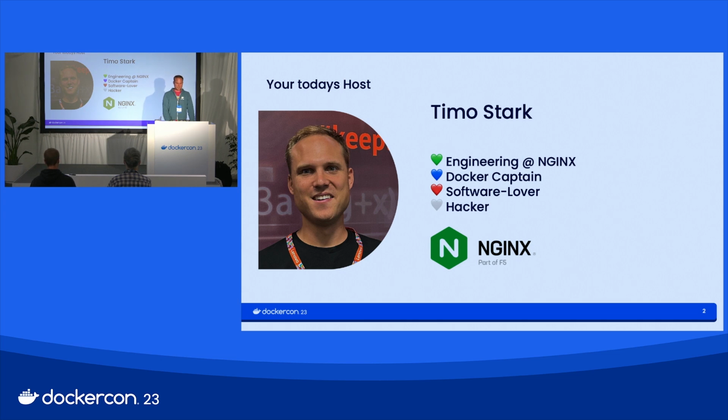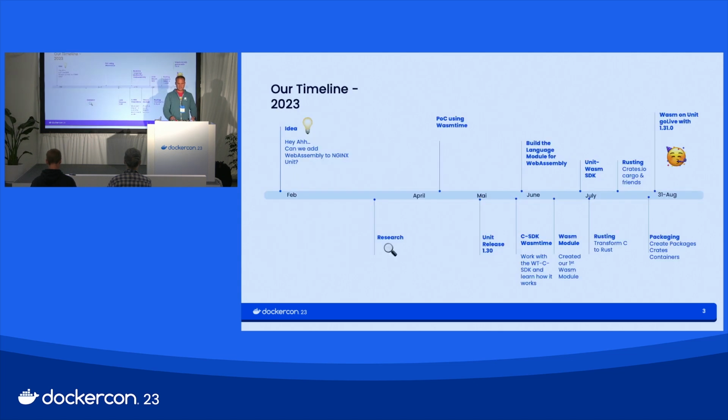And before we dive into the experience we had and the learnings we had, I would like to start with a little timeline. Back in February of 2023, we had this good idea: we could add WebAssembly to NGINX Unit. NGINX Unit is our new open source project.